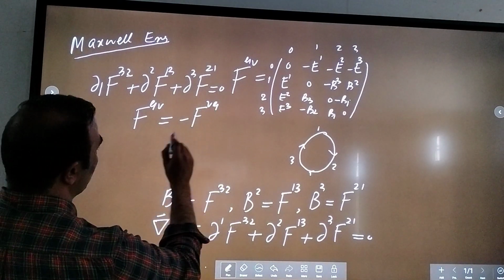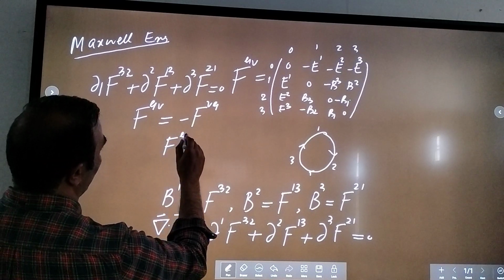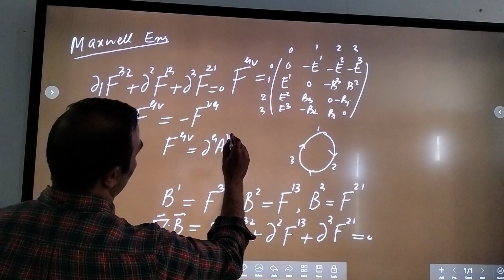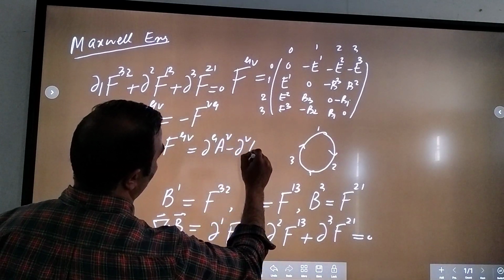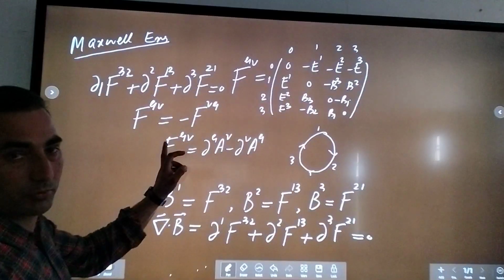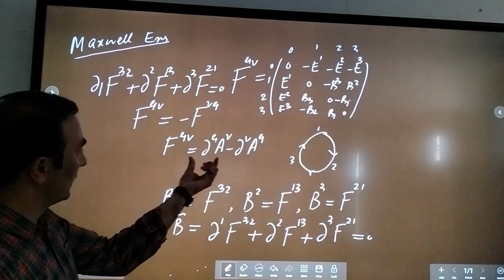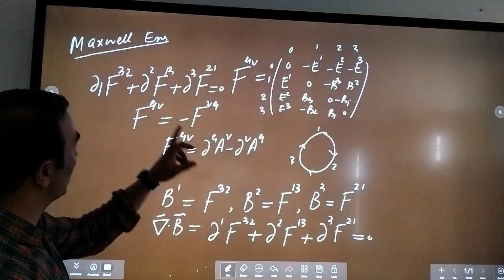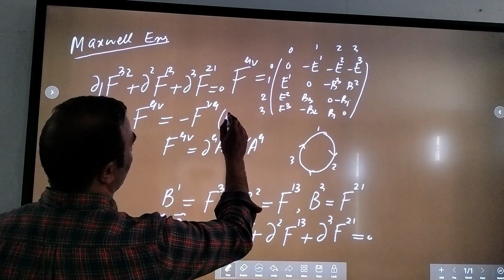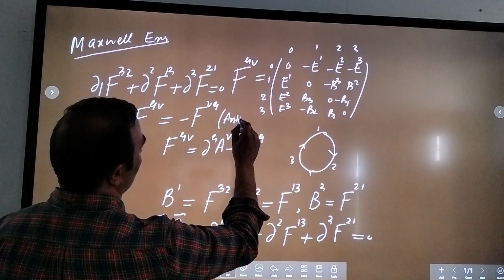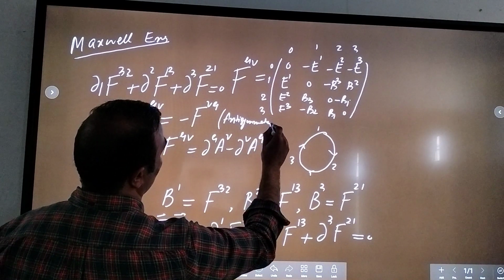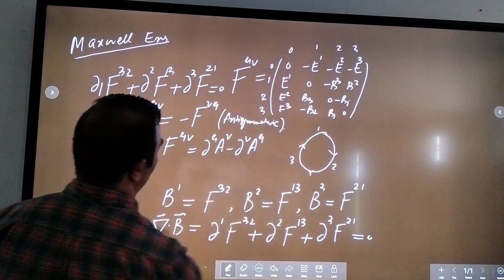Because we can rewrite F mu nu as partial mu A nu minus partial nu A mu, right? Now if I change the indices, if I replace nu with mu, a negative sign will come here. That is why I wrote here F mu nu should be equal to minus F nu mu, so that means this is an antisymmetric tensor. Antisymmetric, okay?